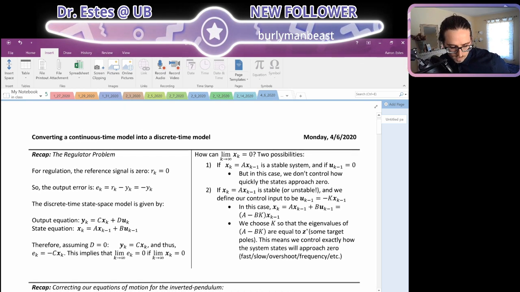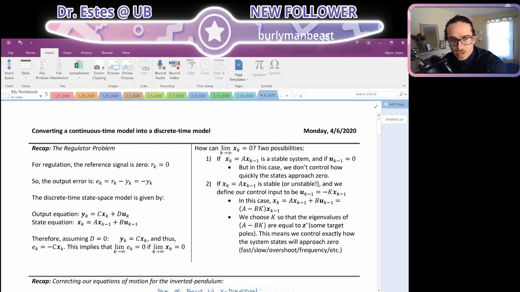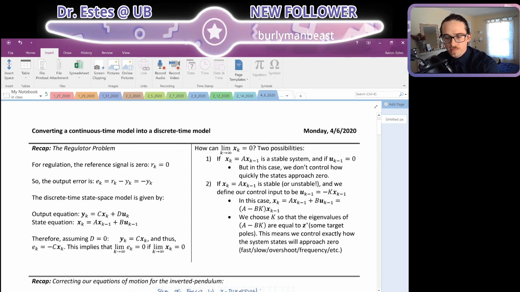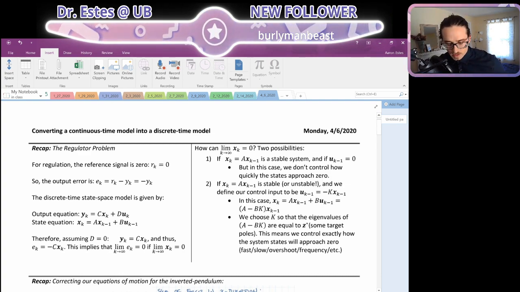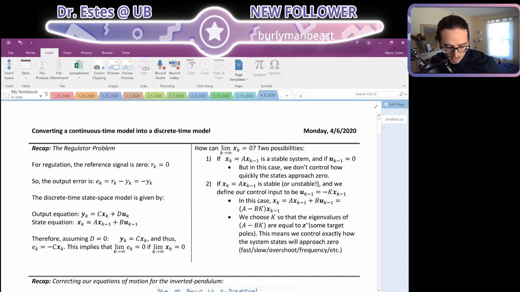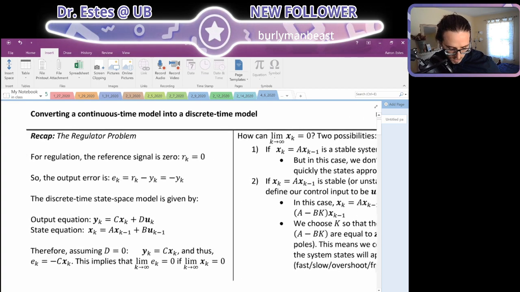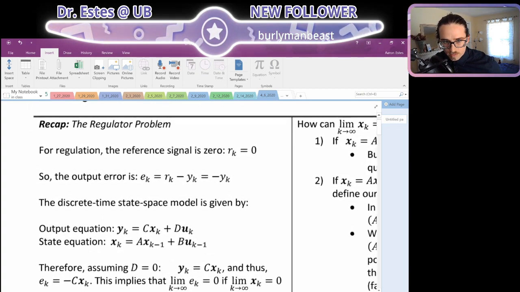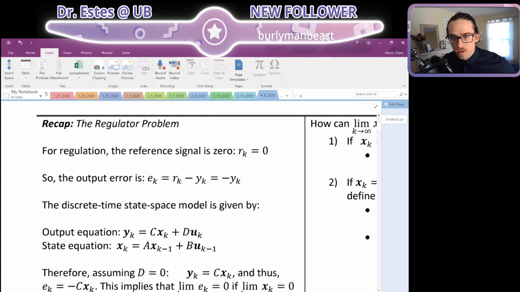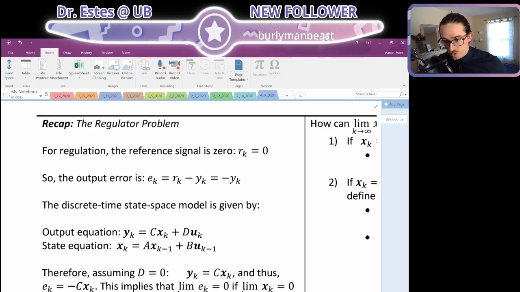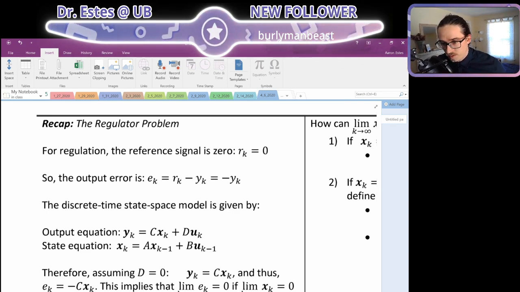So, we've been talking about a problem called the regulator problem. The first thing I want to do is recap quickly what a regulator problem is. We know that for controls, we are trying to track a reference signal, the desired behavior of our system.